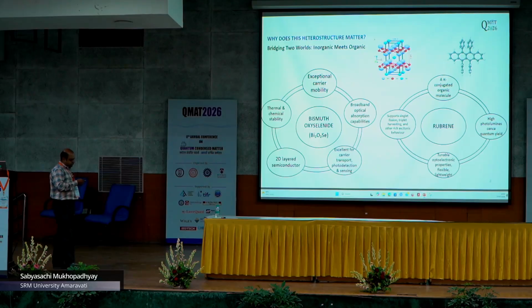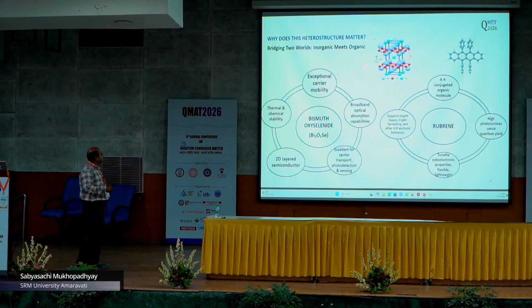So we took two two-dimensional materials: bismuth selenide, which is well known and we know how to prepare it, and from the organic side we have taken rubrene, because rubrene is also a well-known two-dimensional small molecule, and we can make a crystal out of it. We can make it by PVD, we can evaporate rubrene in an organic evaporator.